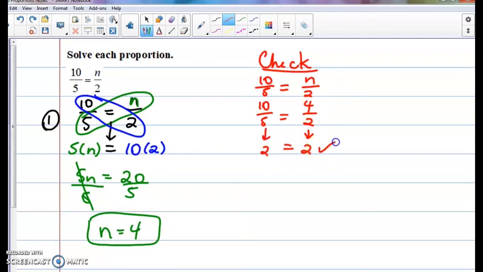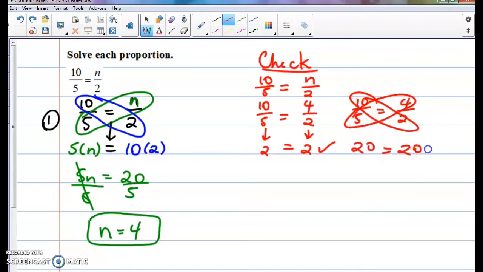And 2 does equal 2, so that works. Or you can cross multiply again and see if those two numbers equal each other: 10 times 2 is 20 equals 5 times 4, which is 20. And that also checks. So there are 2 different ways to make sure you got your proportion correct.